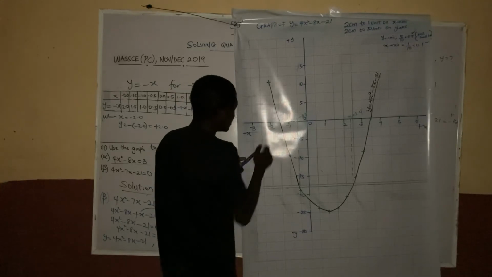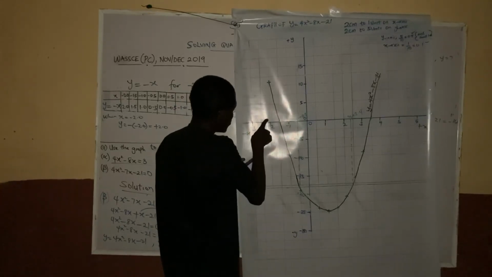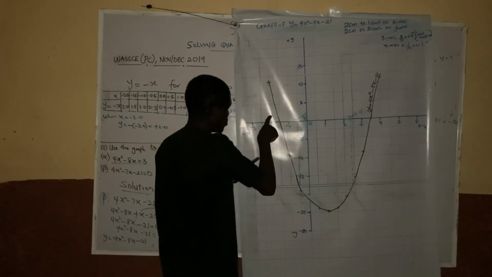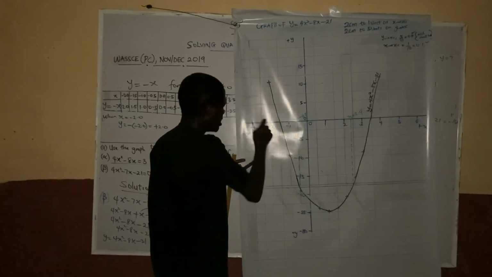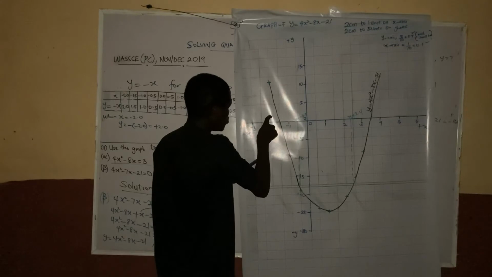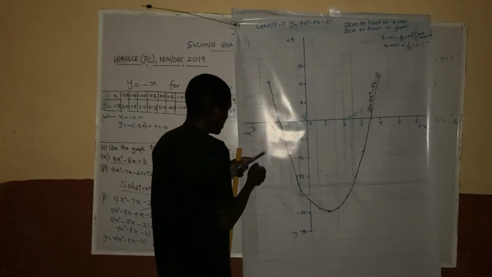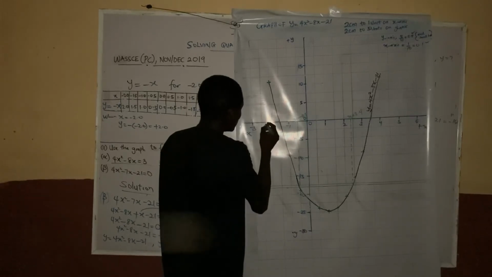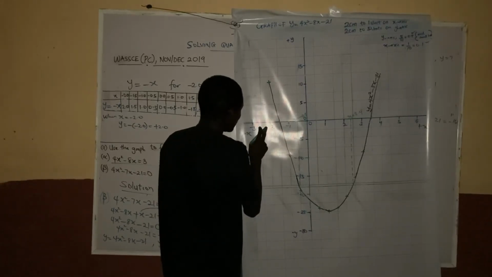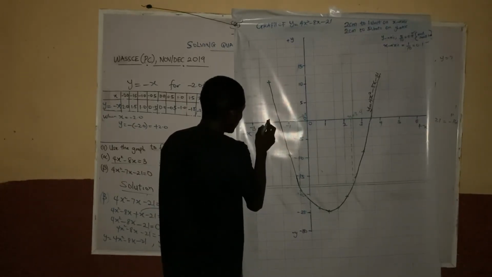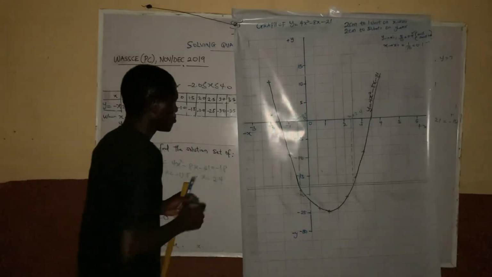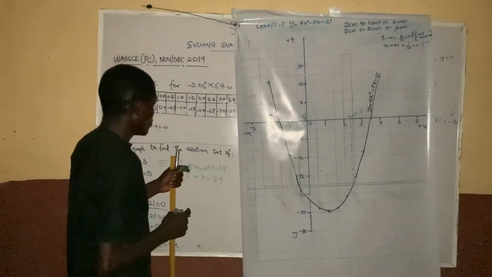So this is 0.5, 1, 1.5, 2. So this is 2. We are going to mark it as our point. Let's use the green marker. So these are our points now.